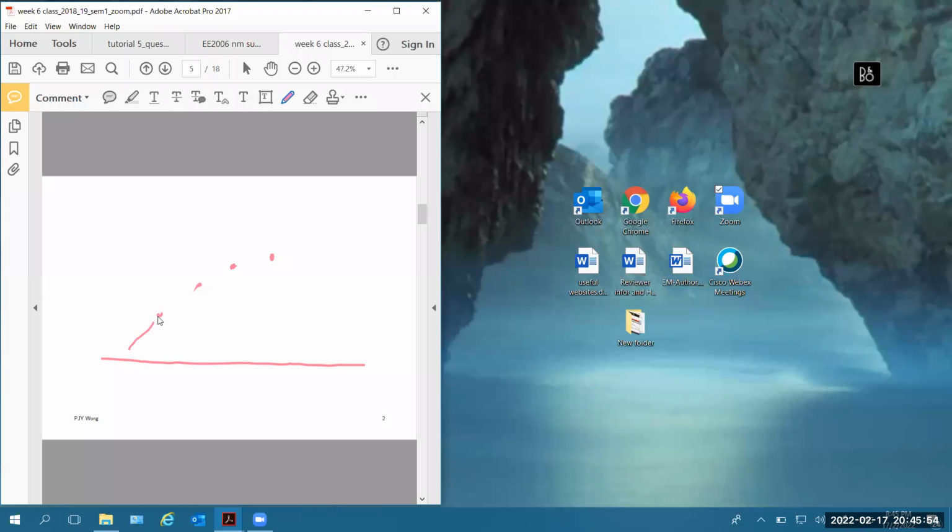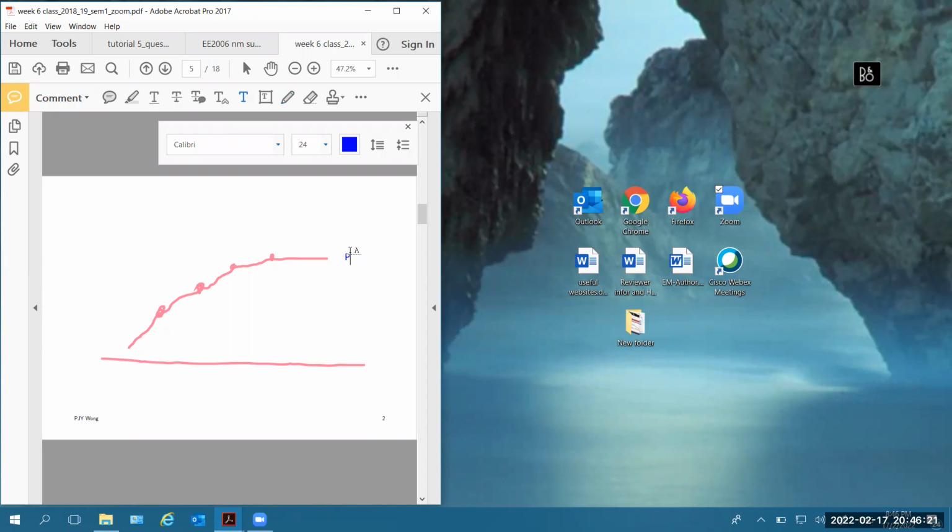It's supposed to be a smooth polynomial. So you can see that your polynomial passes through all the 4 points. And you want to find this polynomial.